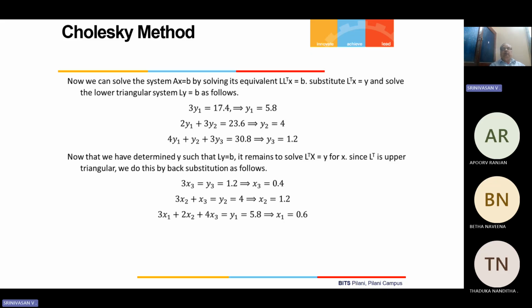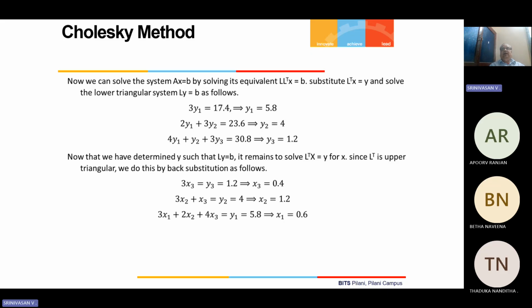And 4y1 plus y2 plus 3y3 equal to 30.8. 4y1 means 23.2, plus 4 is 27.2. So if you substitute, 3y3 equal to 3.6. Therefore, y3 equal to 1.2.